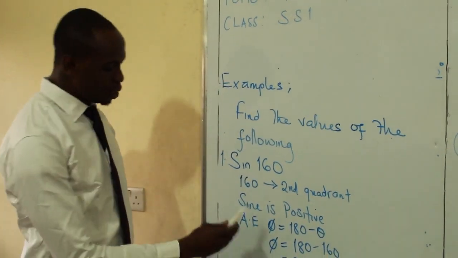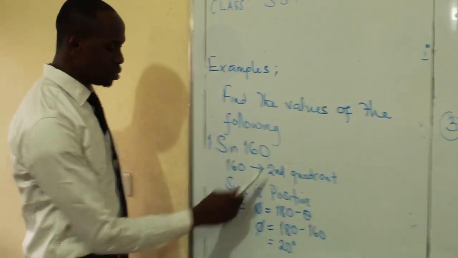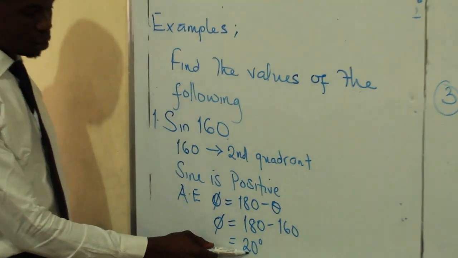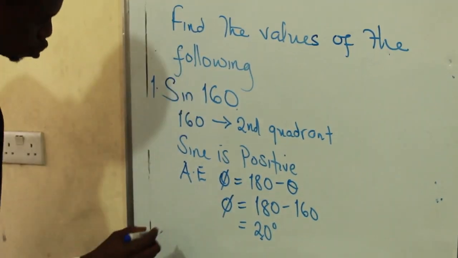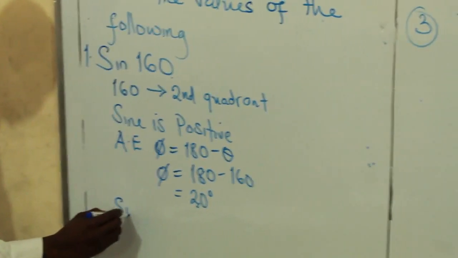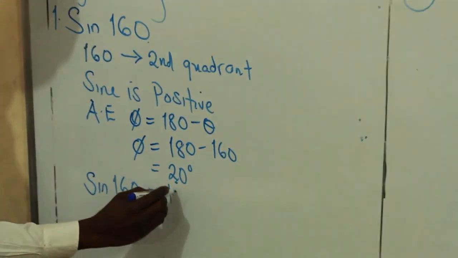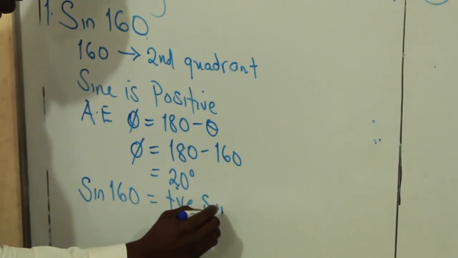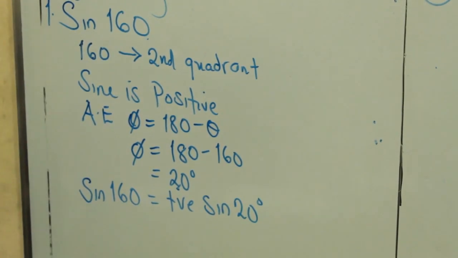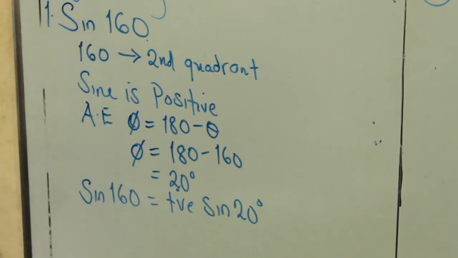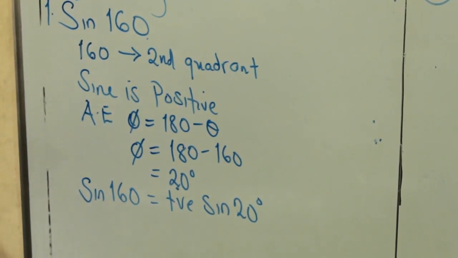We have used these acute equivalents to bring 160 to a value that we can check up from our four-figure table. So we can write that sine 160 is equal to positive sine 20 degrees.